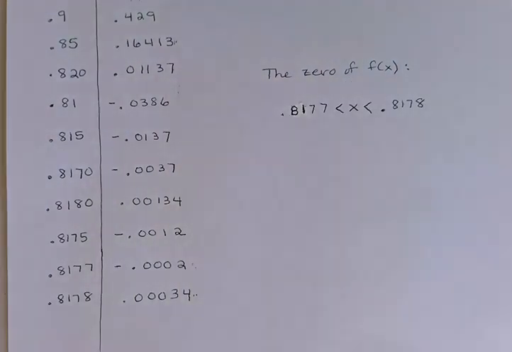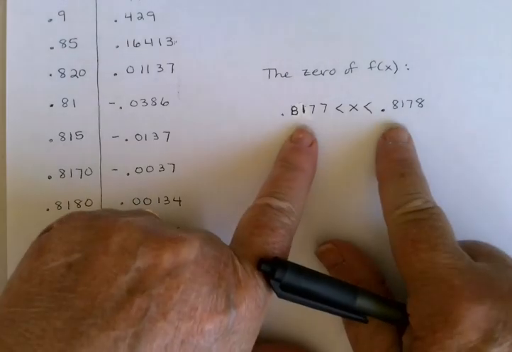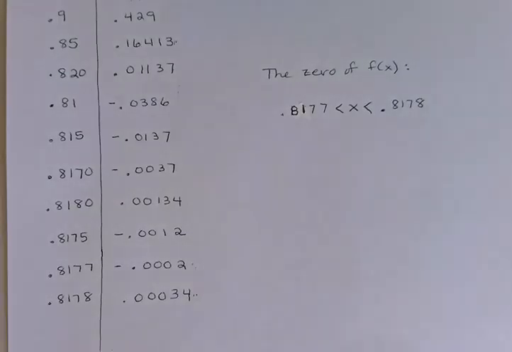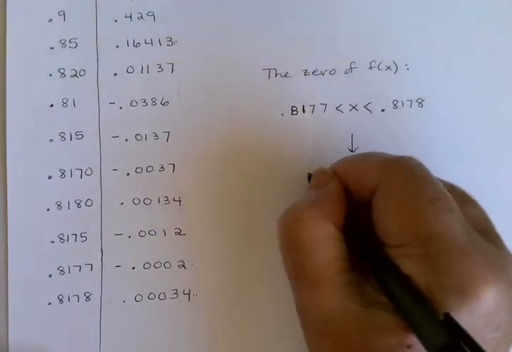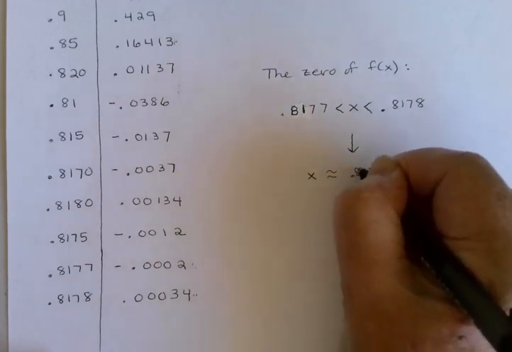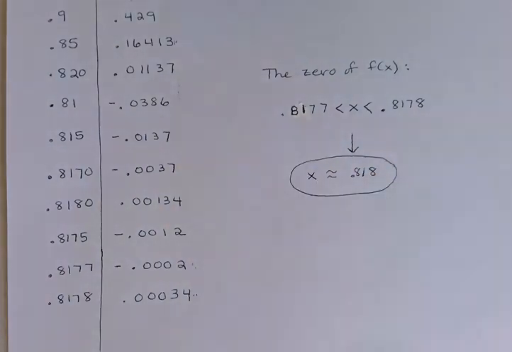So it's between 0.8177 and 0.8178. Either way, this is going to round to 0.818 if I round correctly to 3 decimal places. So the actual zero of this function is about 0.818.